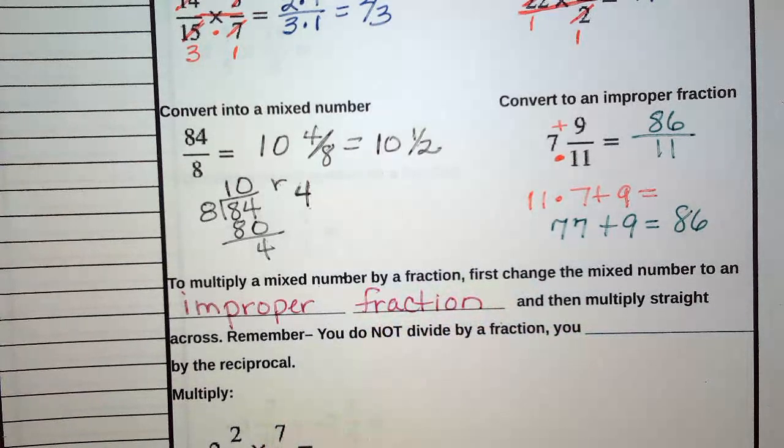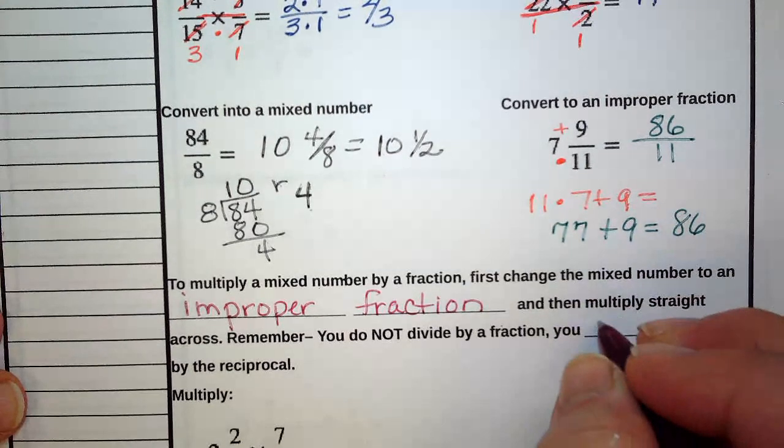So to multiply a mixed number with a fraction, change the mixed number into an improper fraction, then multiply straight across. Remember, you do not divide by a fraction, you multiply by the reciprocal. You multiply.